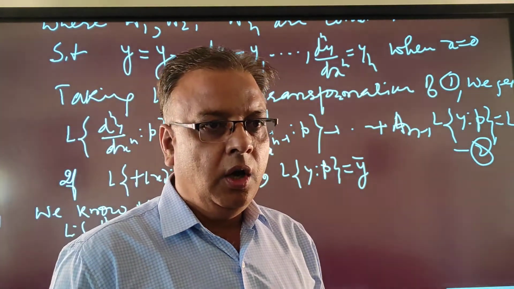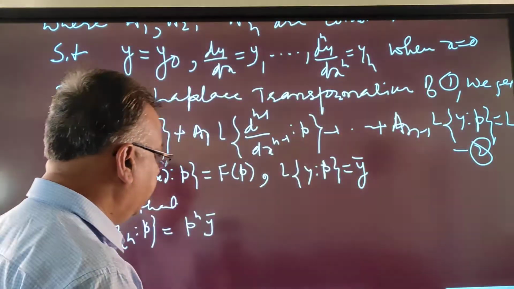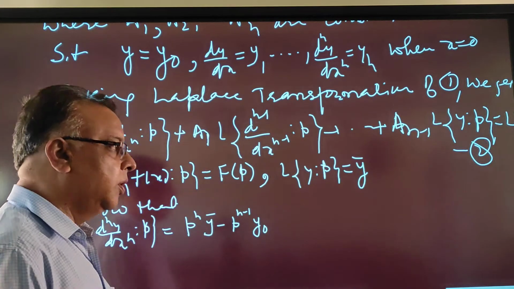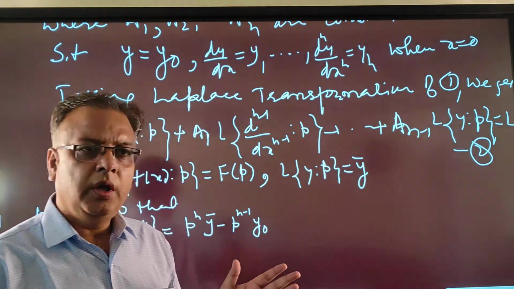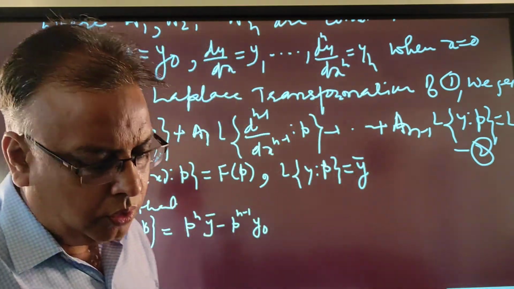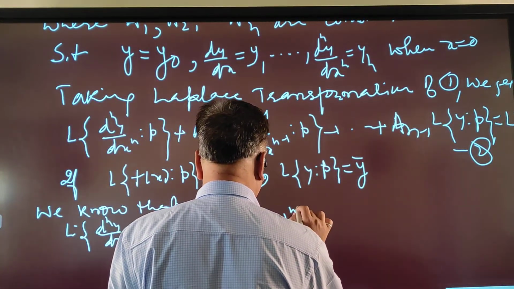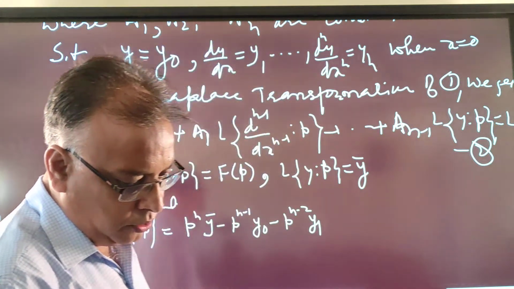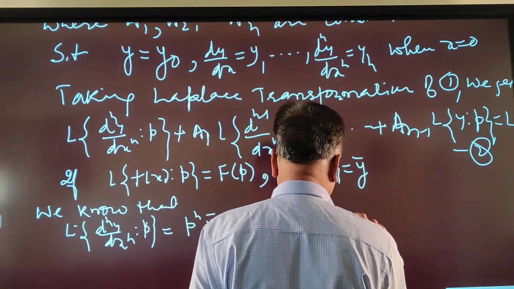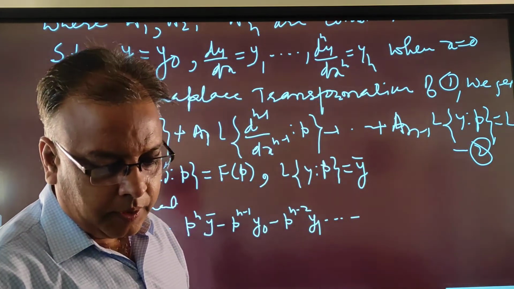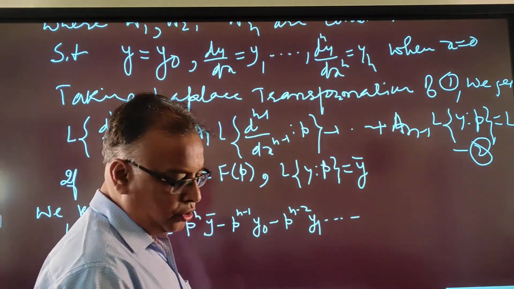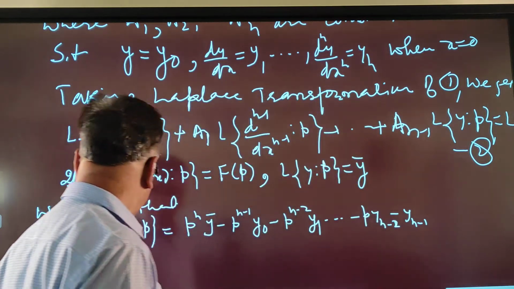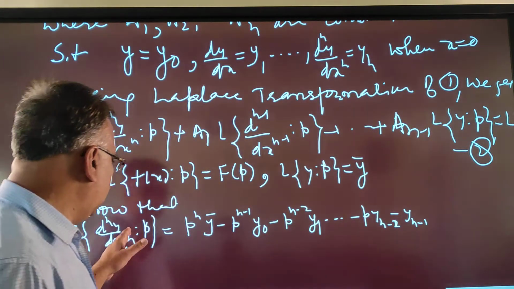The Laplace transformation of this function is equal to p^n y bar minus p^(n-1) y0, where y0 is the value of y when x is equal to 0, minus p^(n-2) y1, and so on, minus p y(n-2) minus y(n-1). This is the Laplace transformation of the nth derivative of y with respect to x.